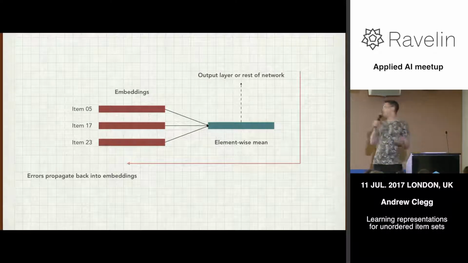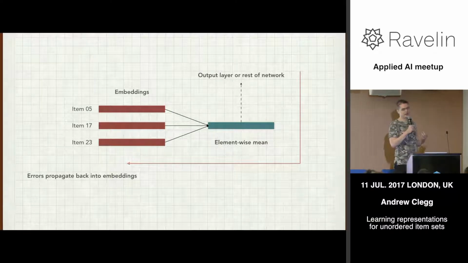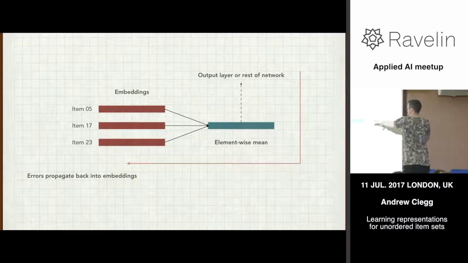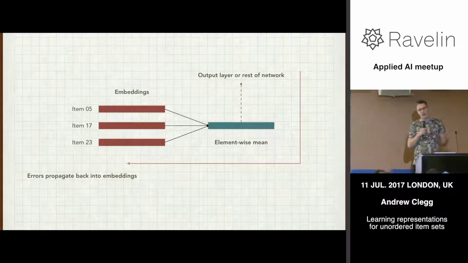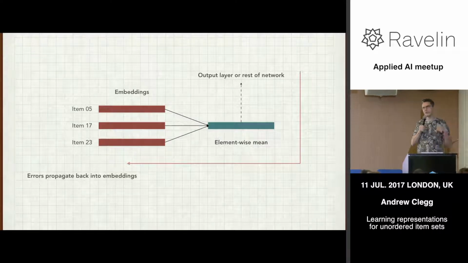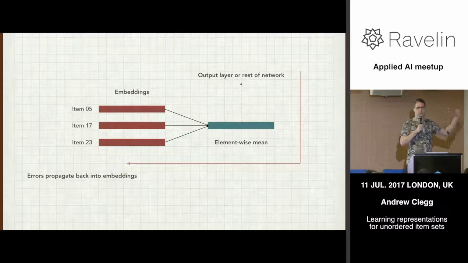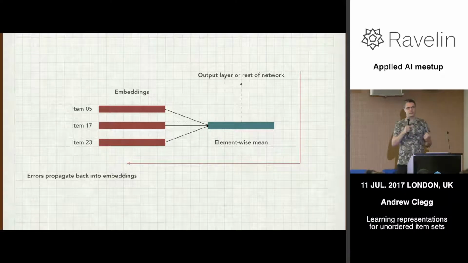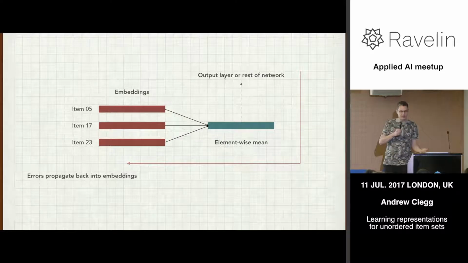So I've put output layer or rest of network up here. It could be that you're trying to directly use the set embedding, the bag embedding here, to solve some task, make some prediction, or it could be that you're concatenating that with an embedding for the user or some session context, or combining it in more sophisticated ways with user data or other metadata at the same time.